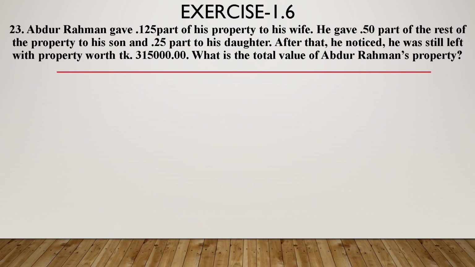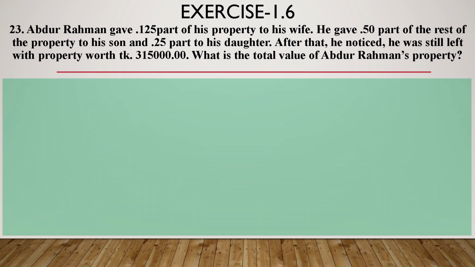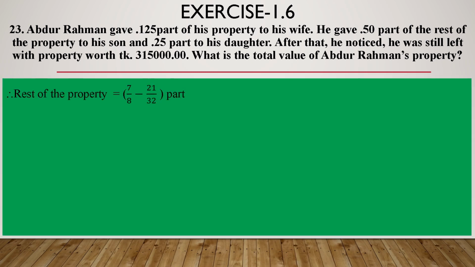Now, my dear students, this is the question, and we will do the rest of the part. As you can see, the rest of the property after giving to his daughter and son is 7 by 8 minus 21 by 32, and we will do the LCM. So between 8 and 32, what will be the LCM?